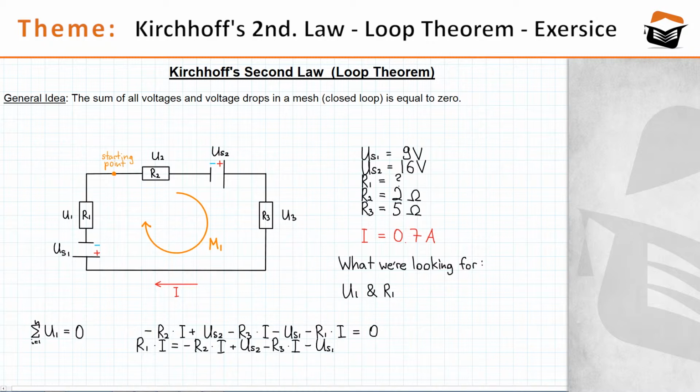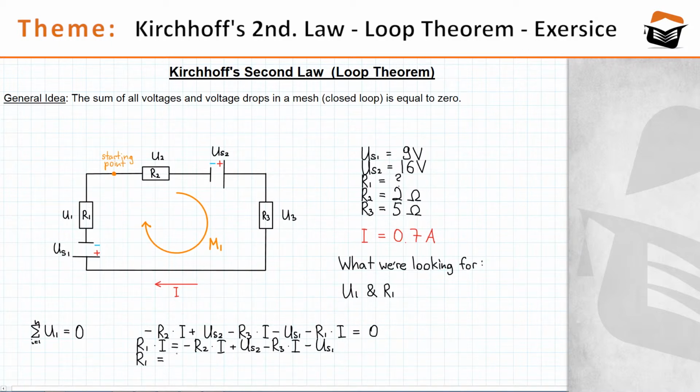And now we can plug in the values. Actually what I'm gonna do, I'm gonna divide the right side by I, and I is known as 0.7 amps.